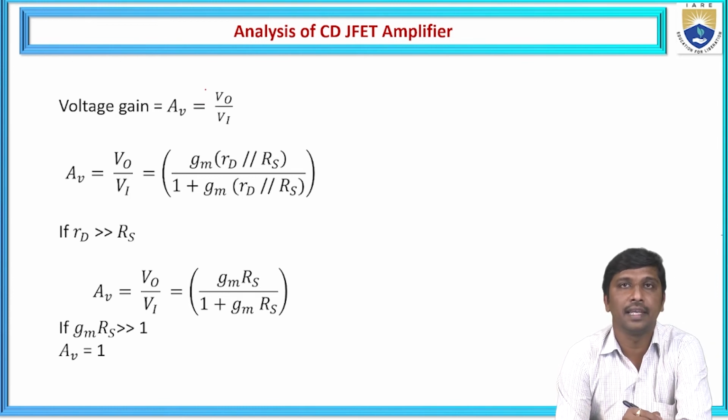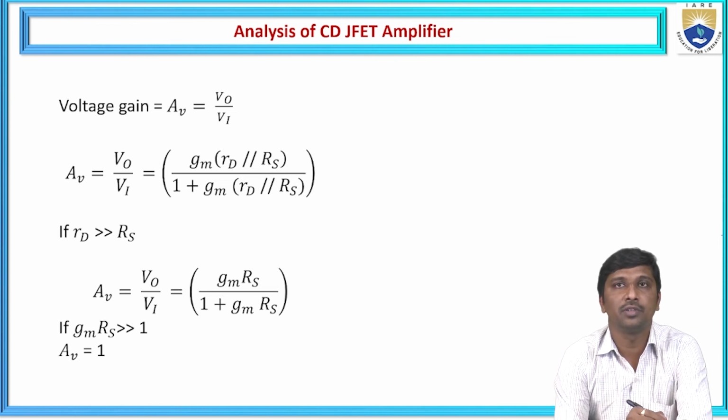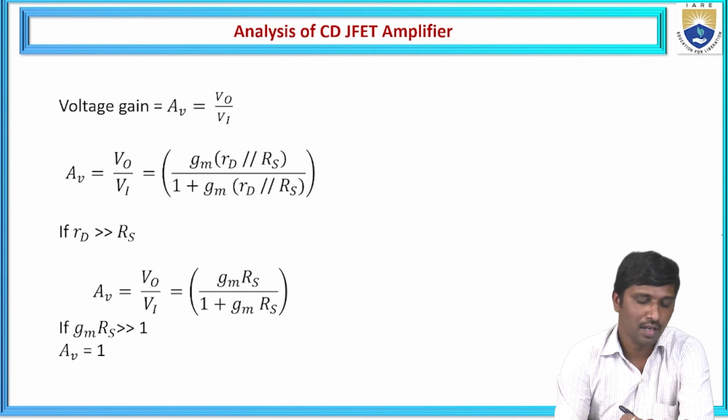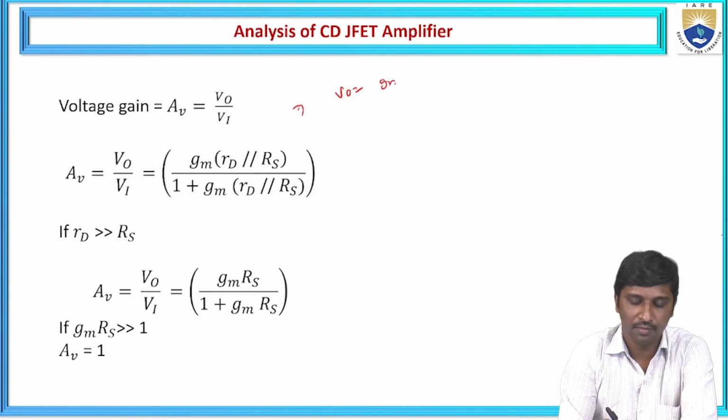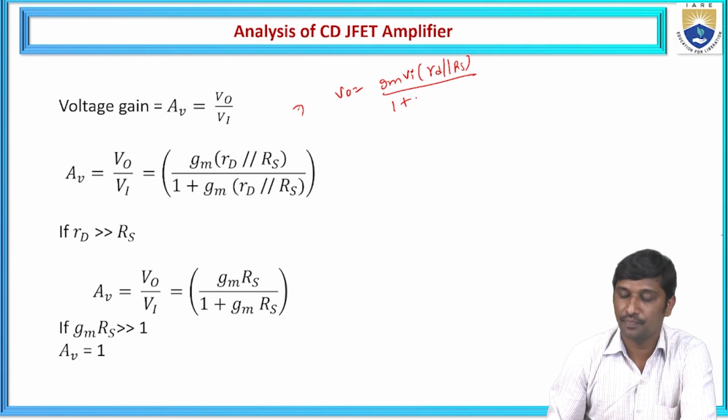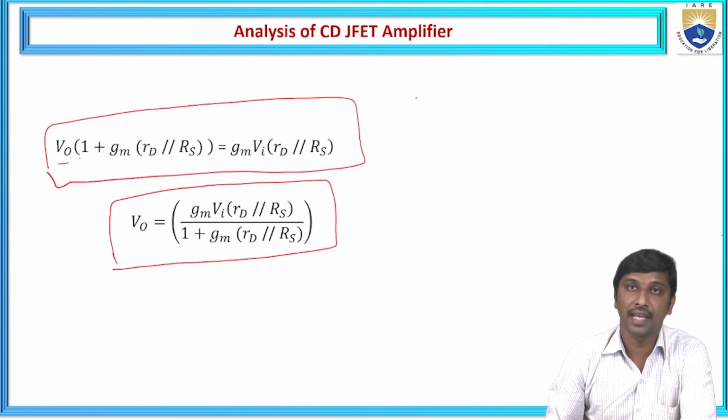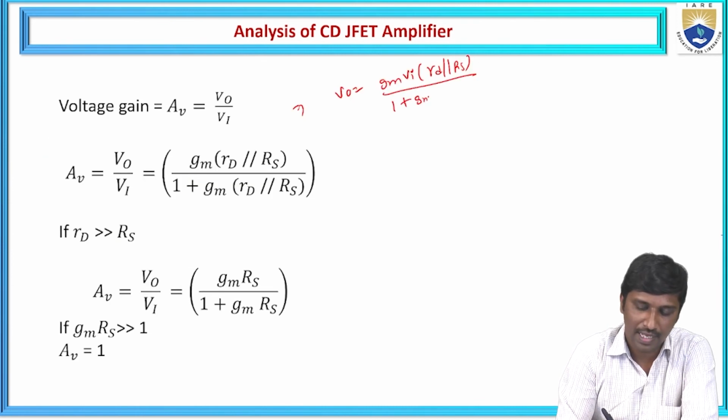So the voltage gain is defined as the ratio of output voltage to the input voltage. And here we observe V naught is equal to Gm into Vi times Rd in parallel with Rs, divided by 1 plus Gm times Rd in parallel with Rs.